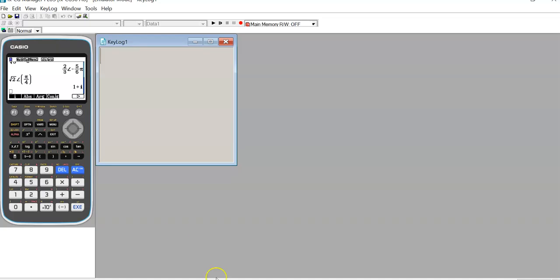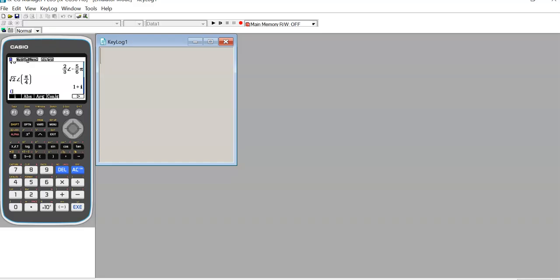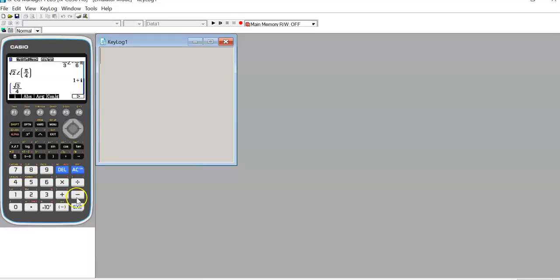So what we can actually do is double check that using our graphics calculator. So let me just grab that question up again. So we have root 3 over 4 minus 1 over 4i.